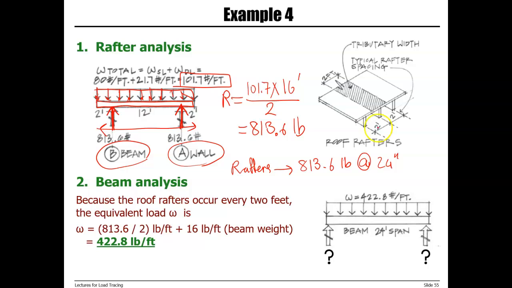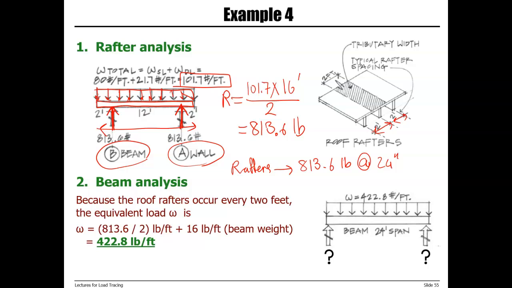Again, remember that the spacing between the rafters is 2 feet. So every 2 feet, 813.6 pounds is transferred.